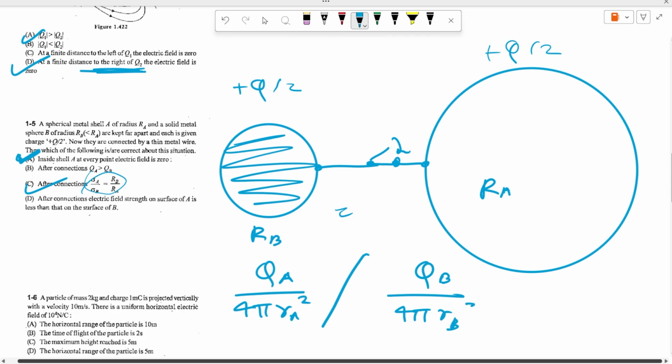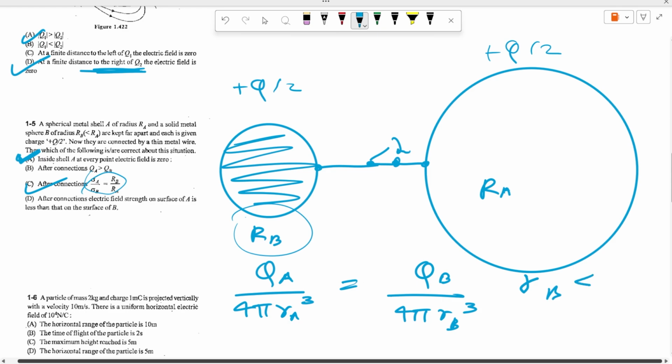That essentially means this is equal to 1, right? So these are essentially the same. If we equate them, then what we get is rb. Which one is rb? Okay, this is rb.